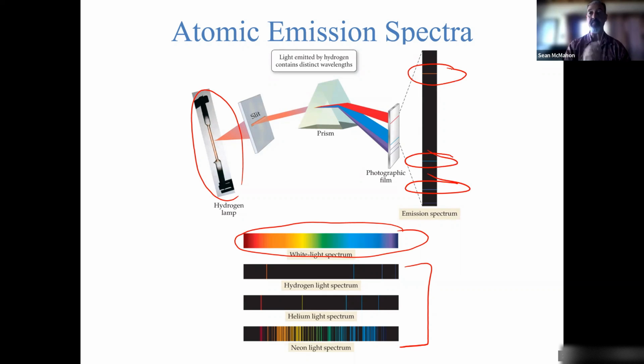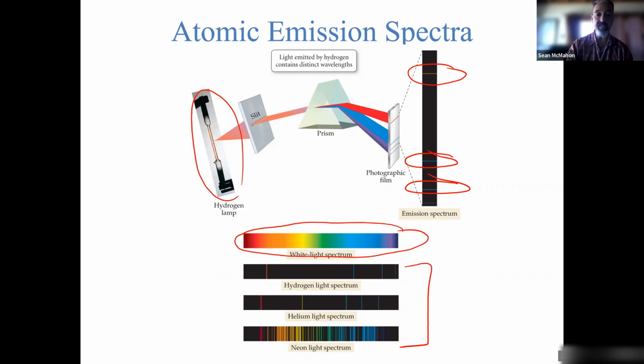So every element has a different emission spectrum. That's because every element has a different number of electrons, and those electrons are located in different places. Okay, but what I want to emphasize is it is not a continuous spectrum. There's not all levels of energy. There are different levels of energy, and that's why we only get a few lines.